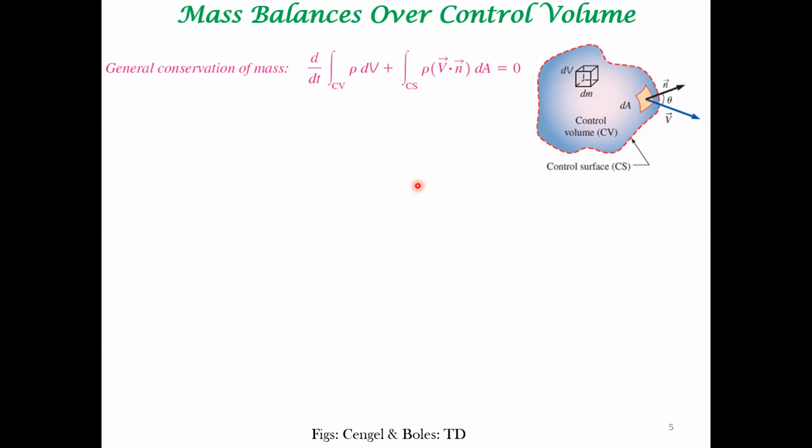The most general expression is provided here. So you can relate quantities that are varying in the control volume to the quantities that are flowing across the control surface, right? This comes from elementary laws of vector calculus. You should know how to implement this for systems.